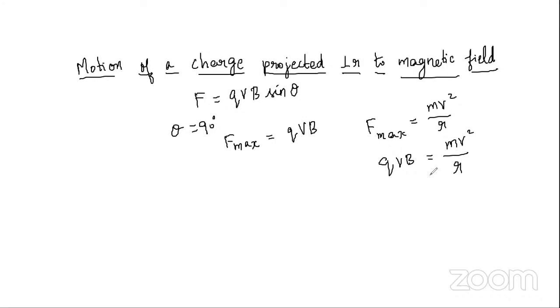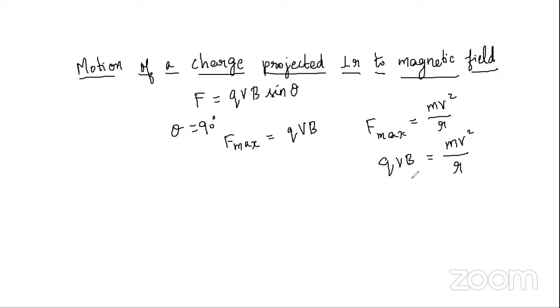So this is the expression for the centripetal force. mv squared by r is actually provided by qvB. And from this you can calculate the radius of the circular path.